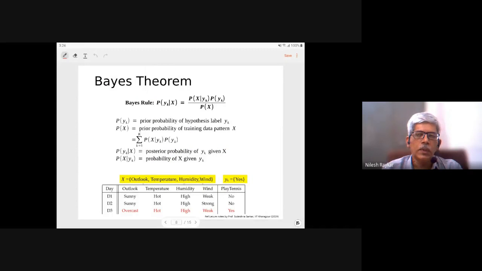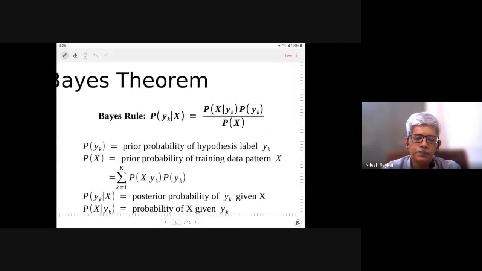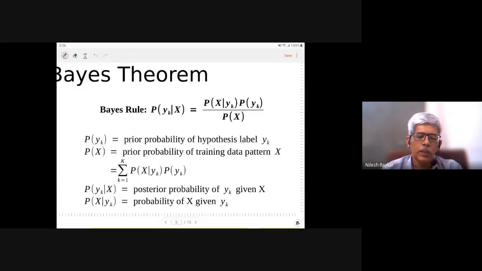Okay, so the cornerstone of this theory is the Bayes theorem. It is a probability theorem, so let's understand it clearly. What this theorem says is we want to predict the label, which I'm calling yk. The notation P is the probability, and within the brackets we have the situation for which we want to calculate the probability.